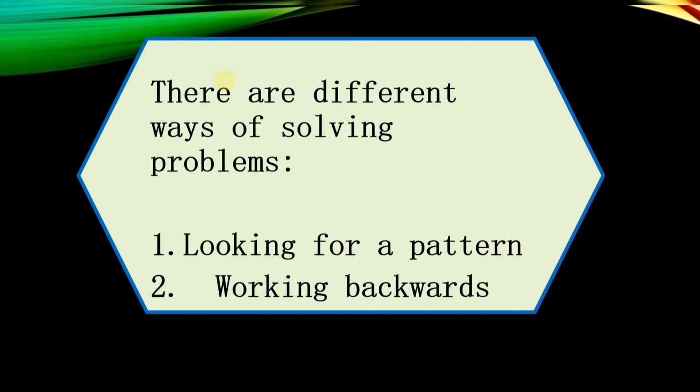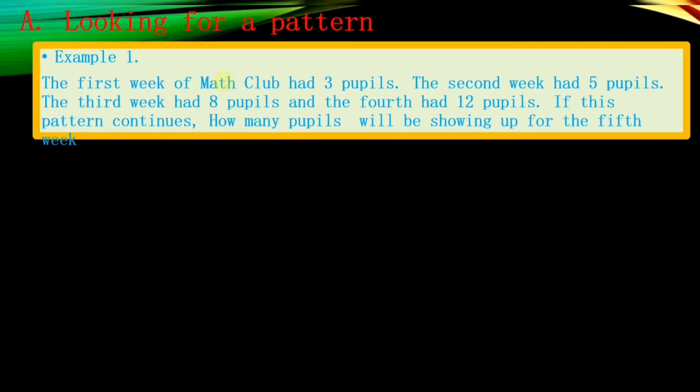There are different ways of solving problems. One way is by looking for a pattern, and another way is by working backwards. So, let's get back to the previous problem that we have read. The first week of math club had 3 pupils. The second week had 5 pupils, and the third week had 8 pupils, and the fourth had 12 pupils.